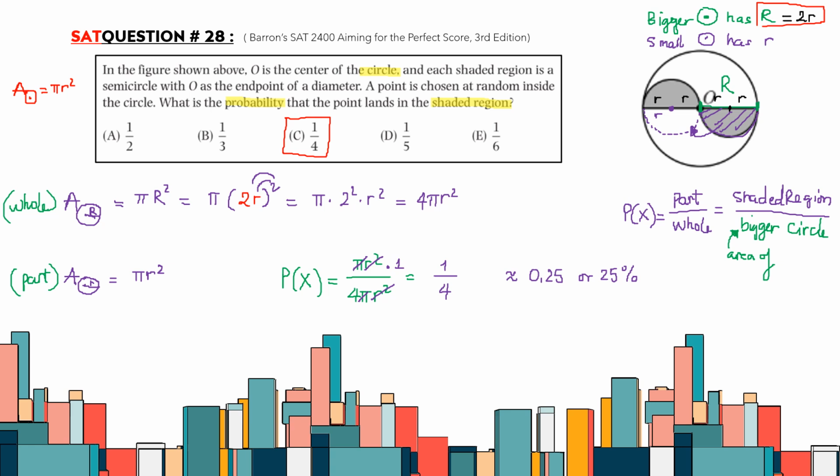Usually the most common mistake here is that people compare R to small r, and they say it's double, right? So they only think the area of the little one will be 1/2 because of the factor 2 right there. It's like r over big R, that is r over 2 little r, that is 1/2.